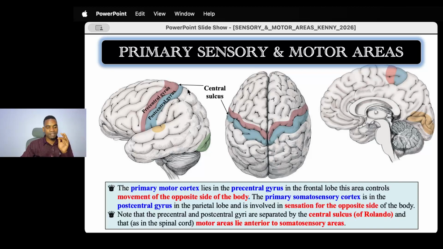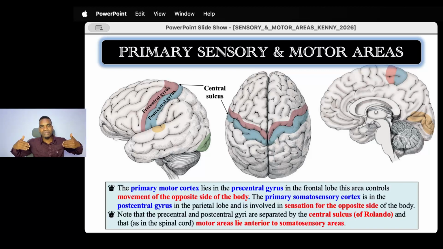Something easy to remember about the primary motor area and the primary somatosensory area is that the primary motor area is anterior to the central sulcus, and the primary somatosensory area is posterior. So it has the same orientation as the spinal cord. Remember, in the spinal cord, the motor root is on the ventral side, and the dorsal root is the one dealing with sensation.